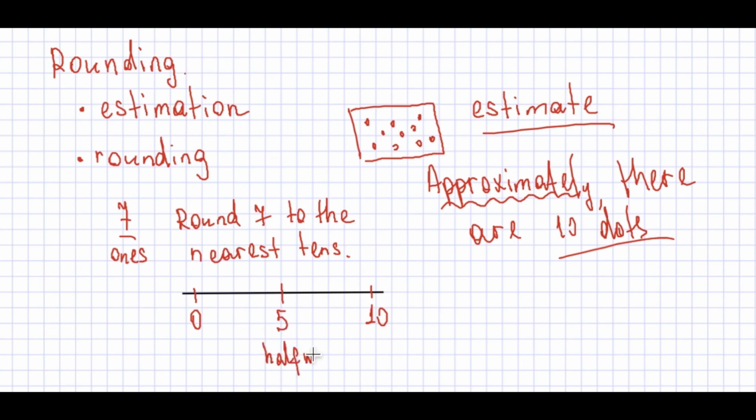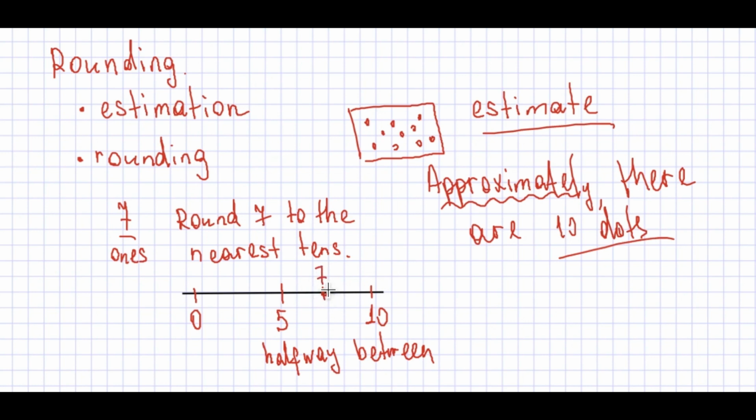Halfway between means directly in the middle. Okay, where is 7? Here on a number line, we see two intervals. One of our intervals is 0 to 5 and another interval is 5 to 10. And we know that 7 is somewhere here.